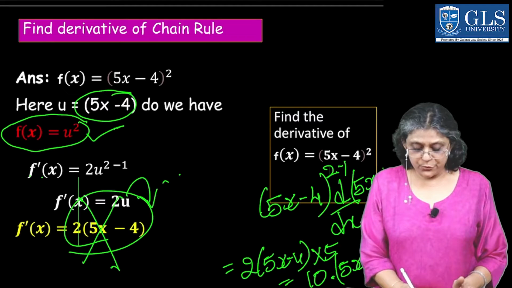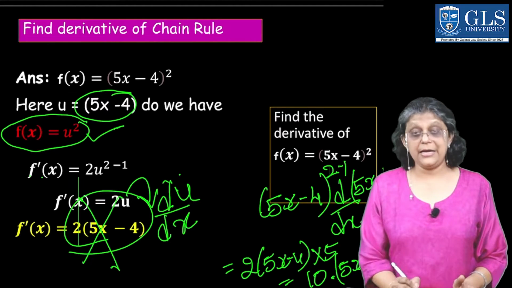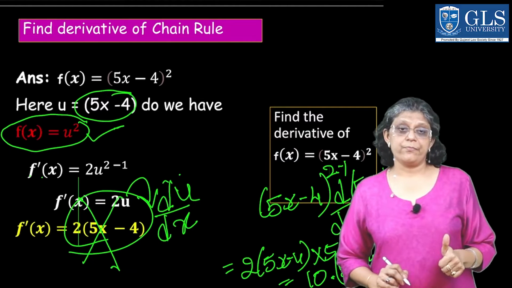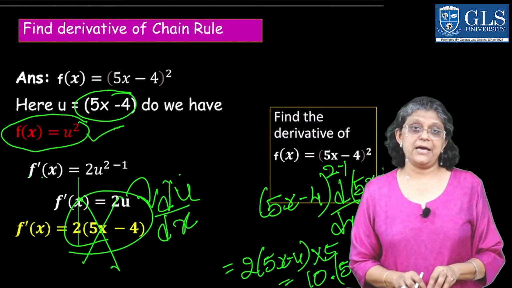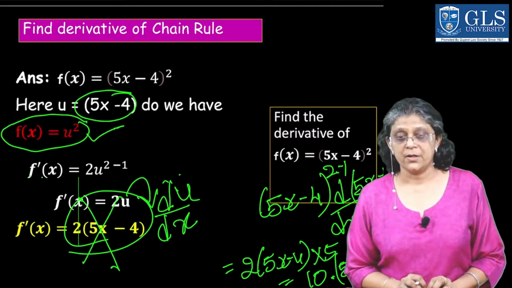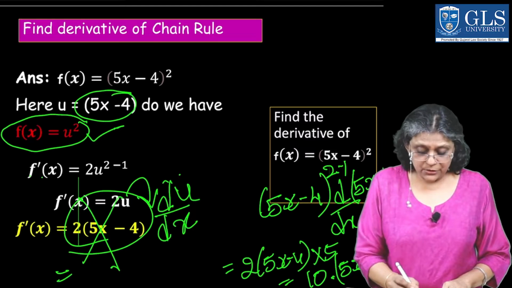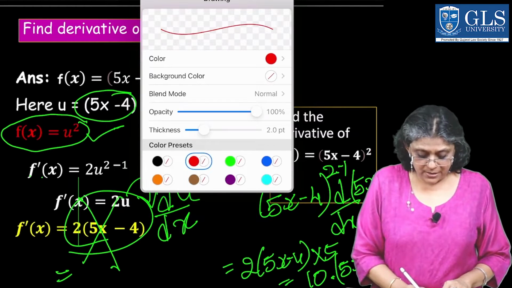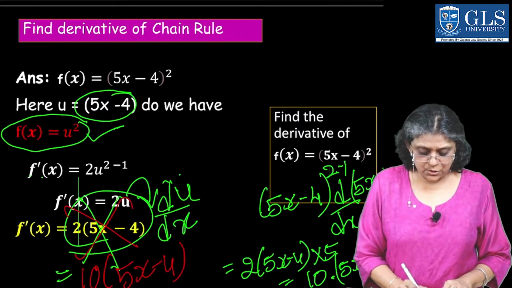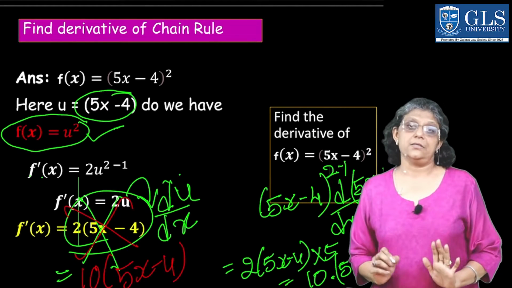So what you have to do is write du by dx with this. I hope you are clear now. What is the problem? Students usually write it this way. So the correct answer to this will be 10 into (5x minus 4). So this is your wrong answer.